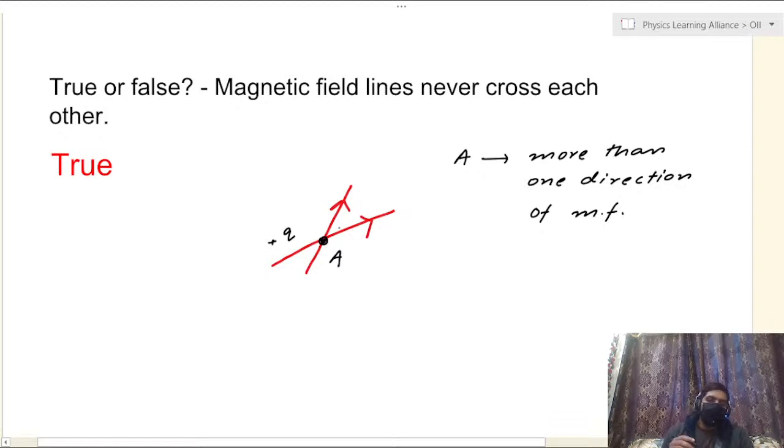Sorry, in that case we are talking about the magnetic field. So if you place a north pole of another magnet over here, on that north pole there has to be only one direction in which force can be applied. There can't be two directions.